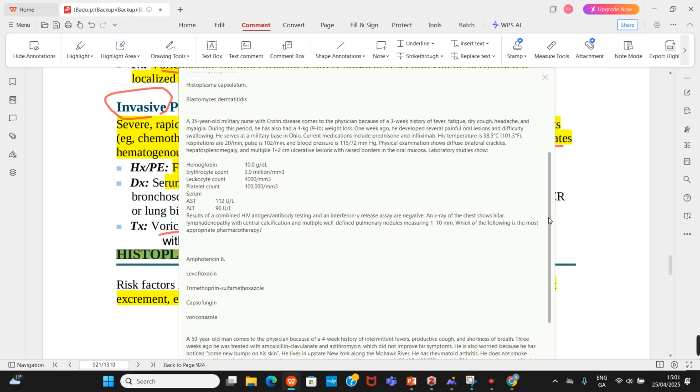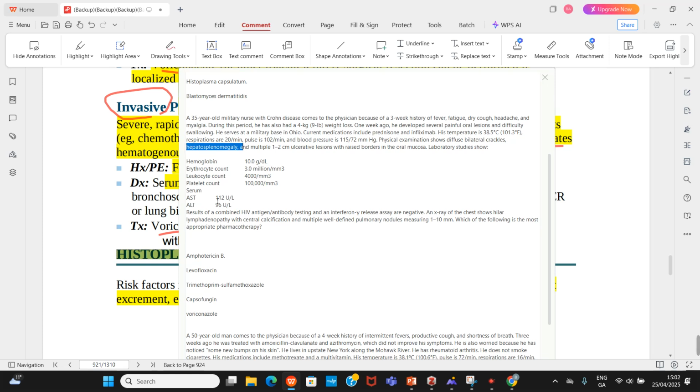Amphotericin B. What's our diagnosis here? Histoplasmosis. So everything is pointing towards histoplasmosis. We can see the pneumonia presentation. We can see that the person is having oral ulcers, which are part of it. We can see that the person has hepatosplenomegaly, and there's evidence of affectation of the liver here as well.